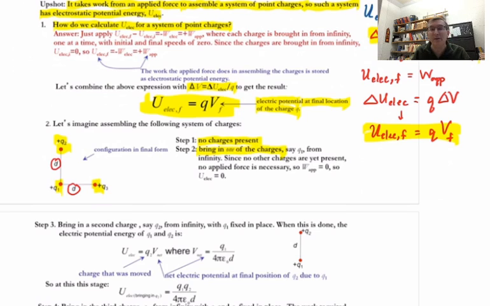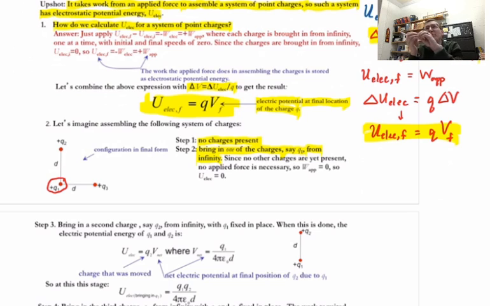Step number 2, bring in one of the charges. It doesn't matter which. I'm going to pick Q1 from infinity, starting at rest and ending at rest, and put it where I want it. Now remember, there are no other charges there, so I don't have to push it to get it there.